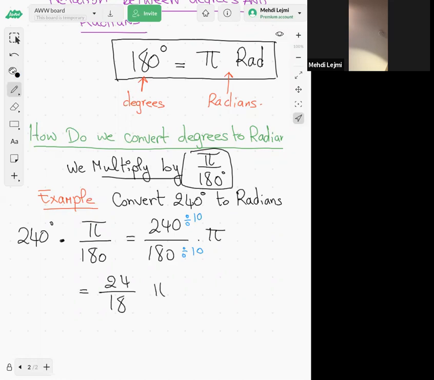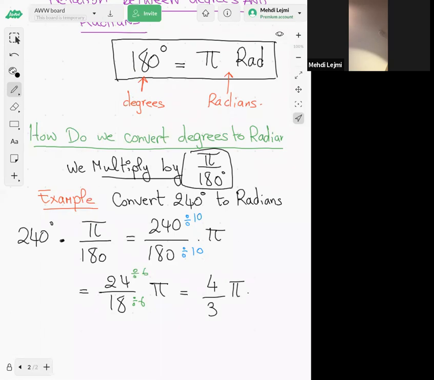So you have to keep reducing the fraction. If you can reduce your fraction, then you have to reduce it. So this is 24 over 18. You can divide the top and the bottom by 6. So 24 over 6, that will be 4, and 18 over 6, that's 3, times pi.